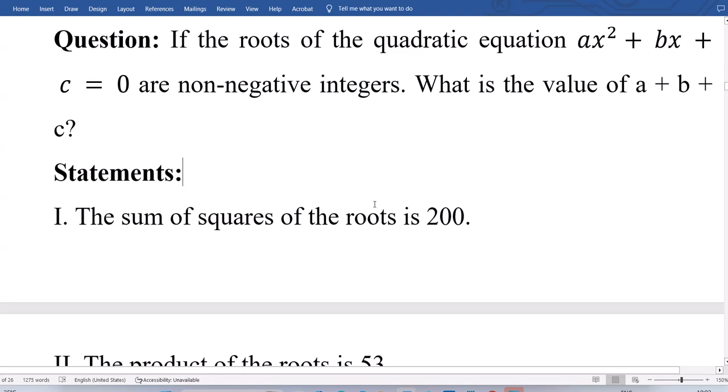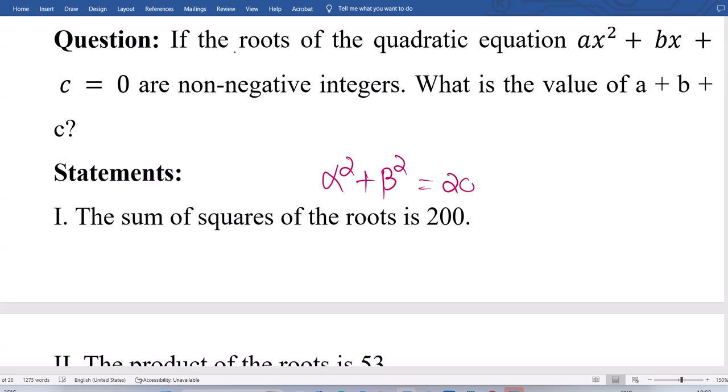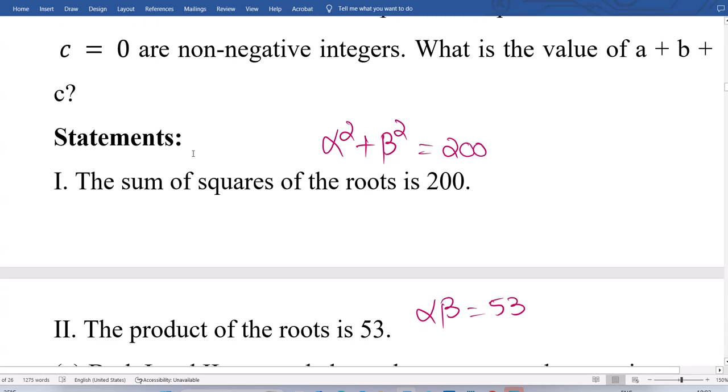See, if the roots are alpha and beta, then alpha square plus beta square is 200, and the product of the roots alpha beta is 53. In the question it is available: product of the roots is 53, sum of the squares of the roots is 200.